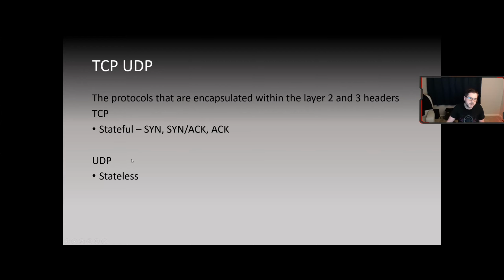UDP is typically used on your streaming applications, so like voice, video games, possibly. I'm not quite sure what they're using, but you'd care about it getting there, but you don't want it getting there out of order.